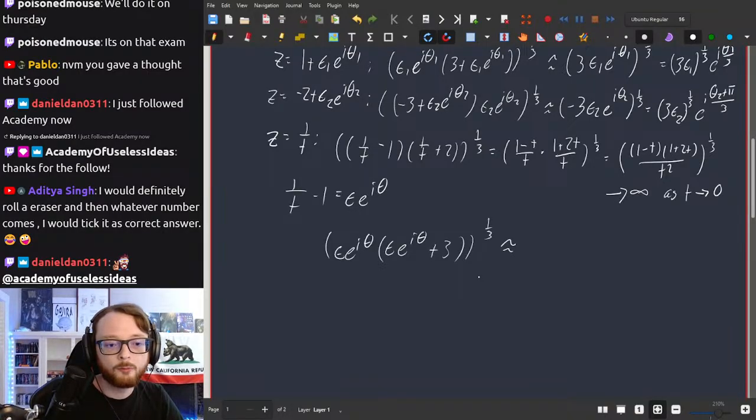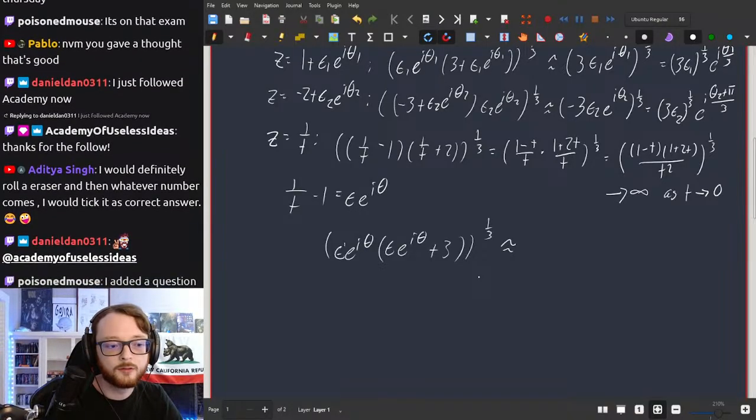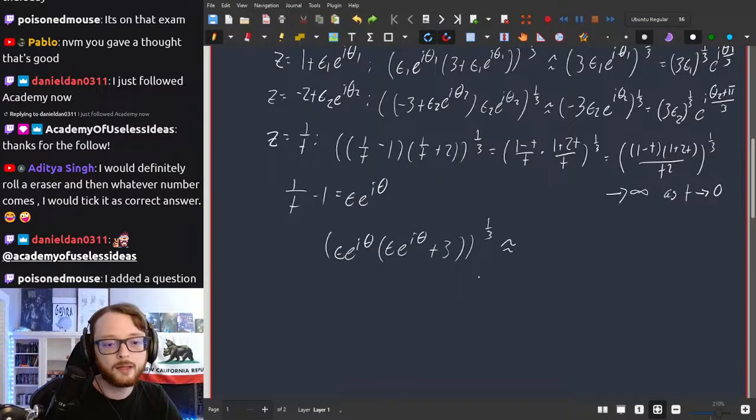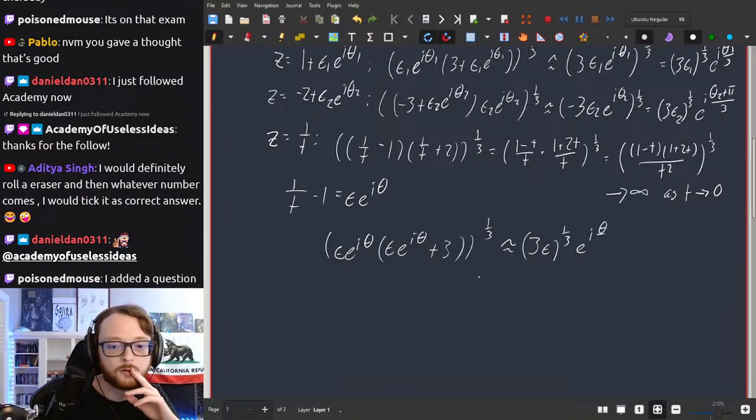And then we're going to throw away anything with epsilon squared, because we don't like epsilon squared. I guess that's how we justify that infinity is a branch point. Because this, I think, is more clear why it's a branch point.